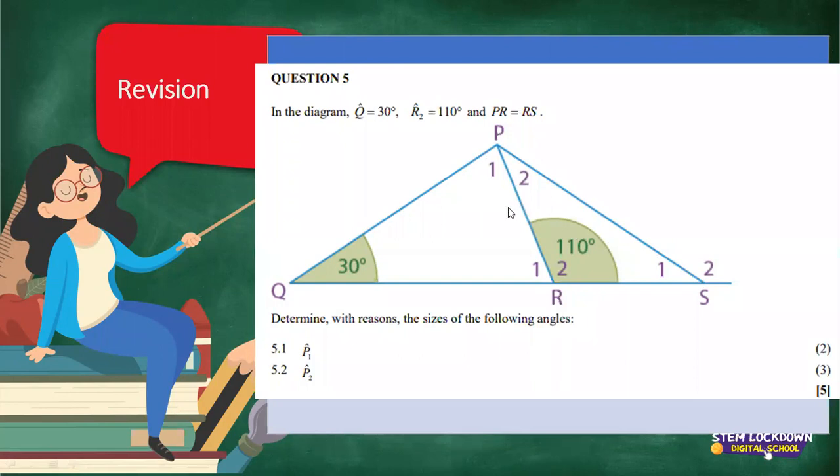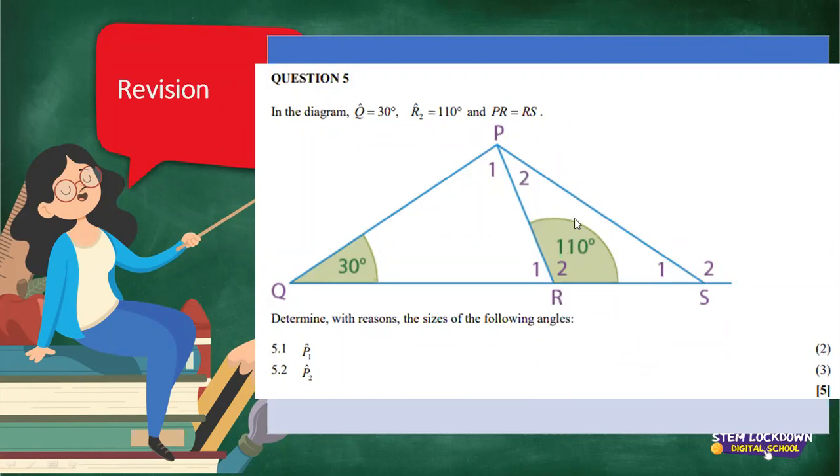Because PR equals SR, the opposite angles must be equal. So basically, P2 must be equal to S1.